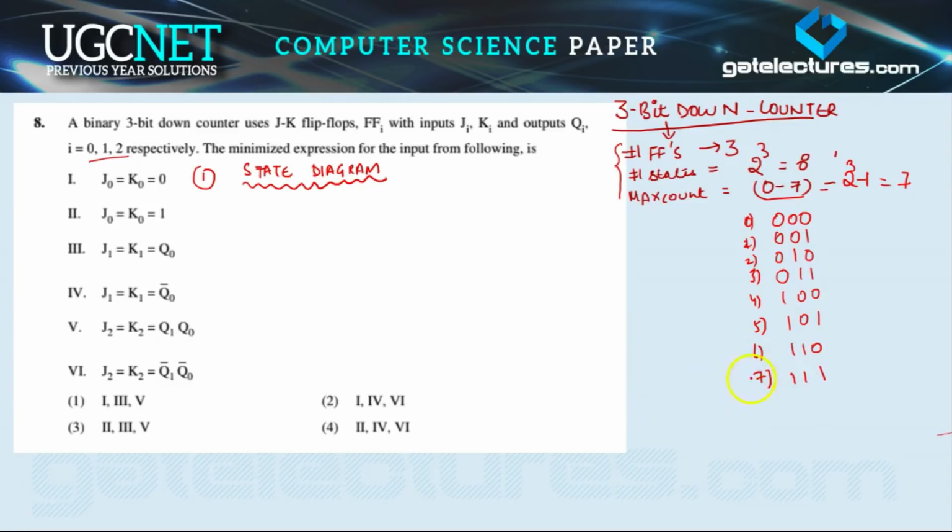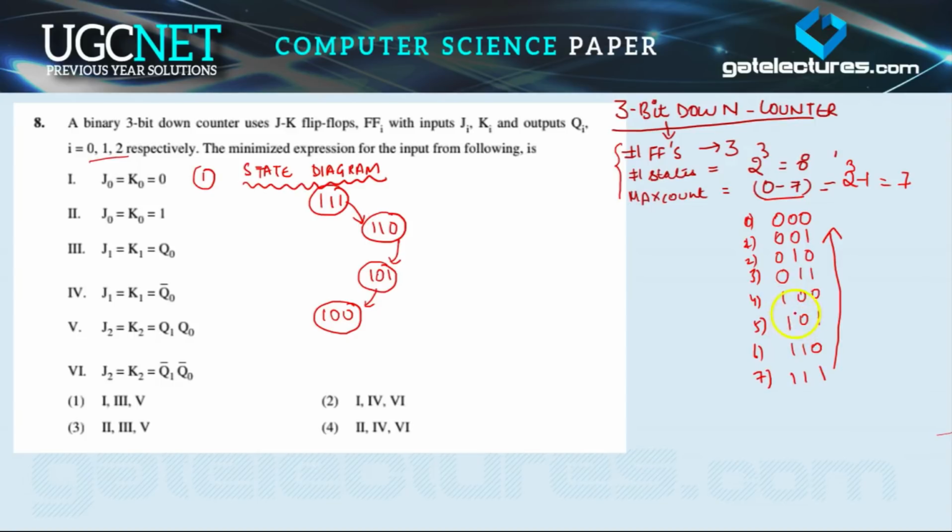Because this is a down counting, we start from the 7, then we go to the 1, 1, 0 state. So this is a down counter, so it goes like this. From 1, 1, 1 it goes to the 1, 1, 0 state. The next state will be 1, 0, 1. Next state 1, 0, 0.